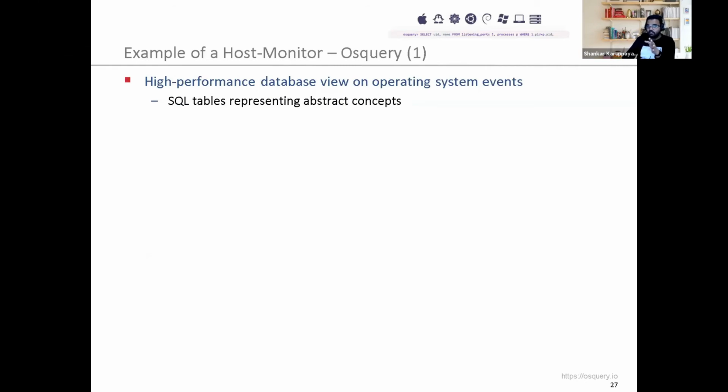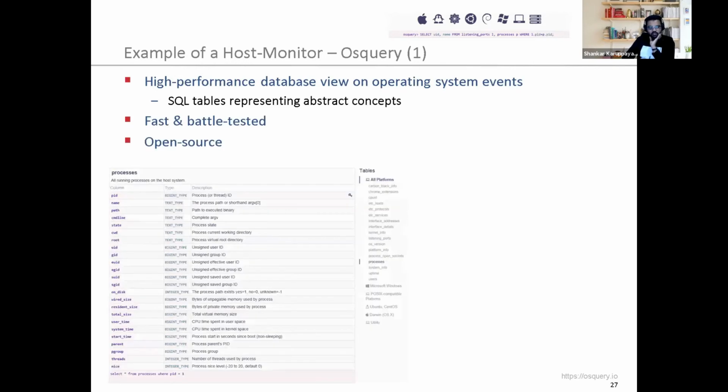One example of a host-based monitor is OSQuery. OSQuery performs high-performance database views on OS events. So basically, it uses SQL tables representing abstract concepts. It's fast and battle tested, which means it's tested quite well on the systems.